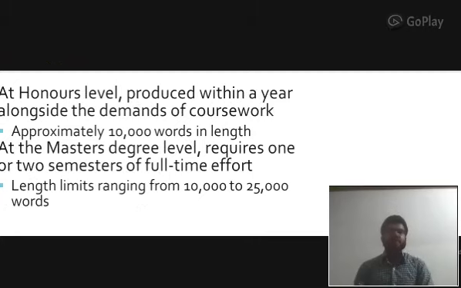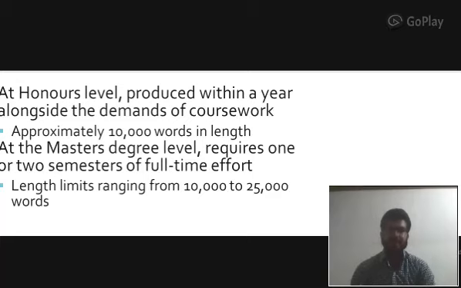At honors level, a thesis is produced within a year alongside the demands of coursework. So these two things continue simultaneously, side by side, their coursework and research work.